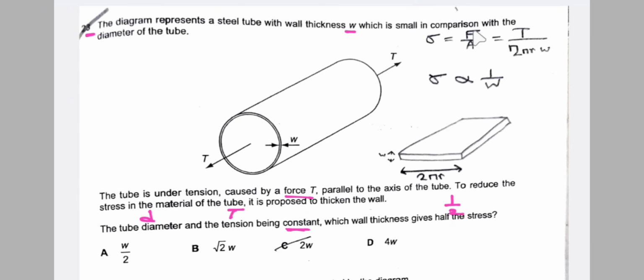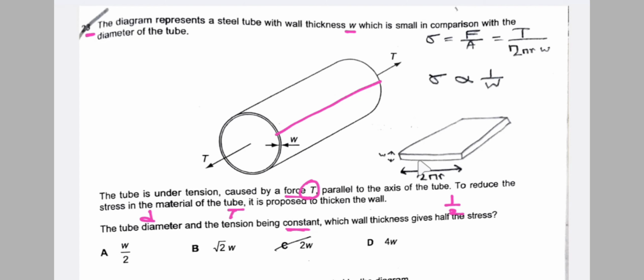We know that stress is equal to force per unit area, and the force given is tension T. So stress is T by area. And what is the area? If we open the steel tube and arrange it as a rectangle, then W is the width and the length is the height.